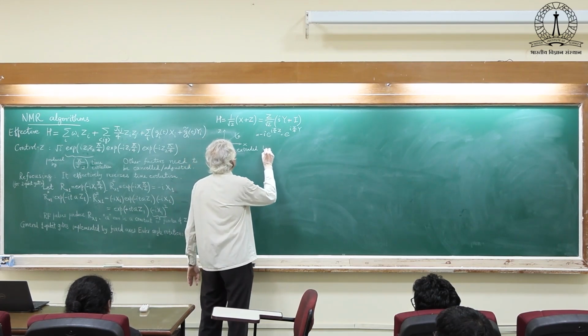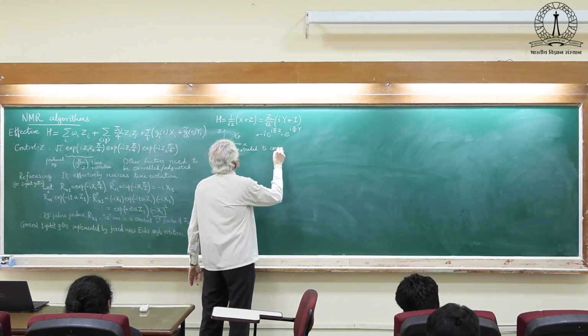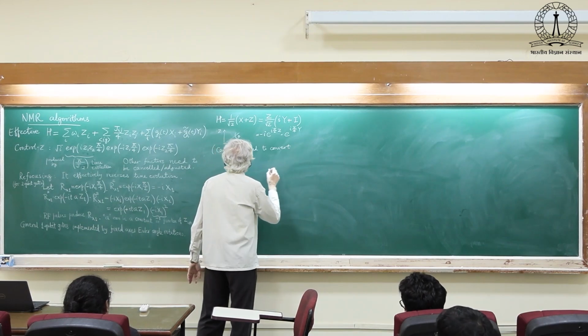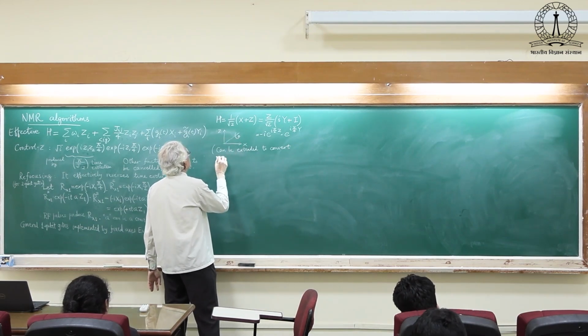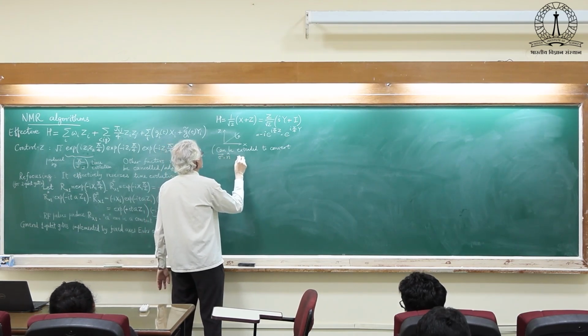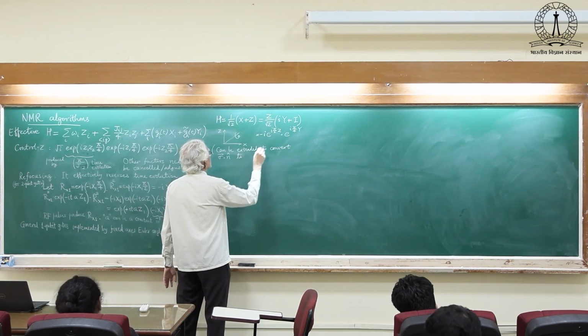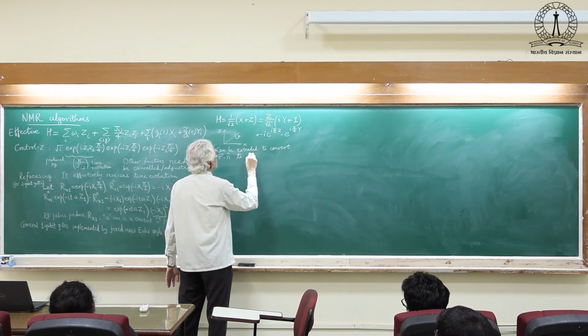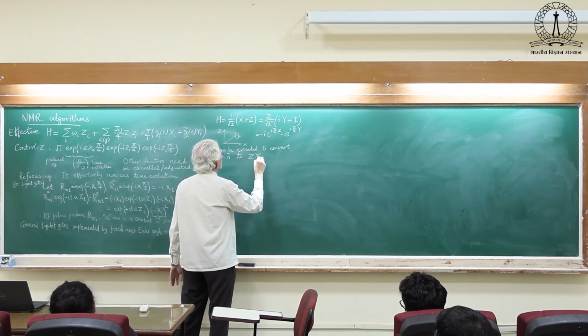So this can be converted from any sigma dot n to a scheme which will become z, y, z.